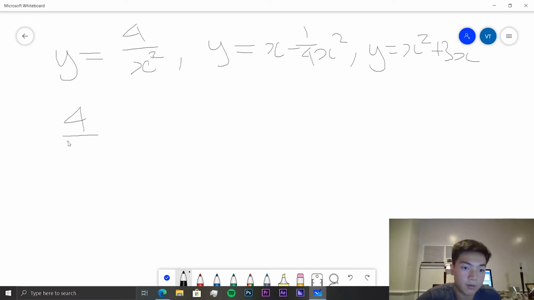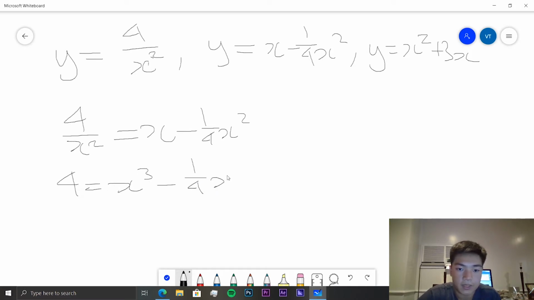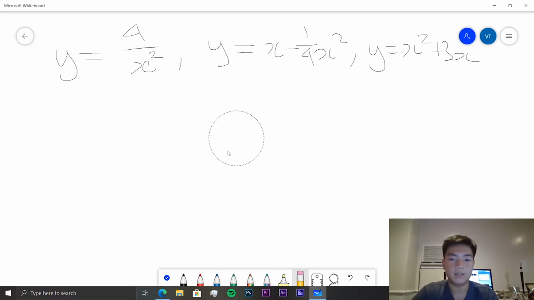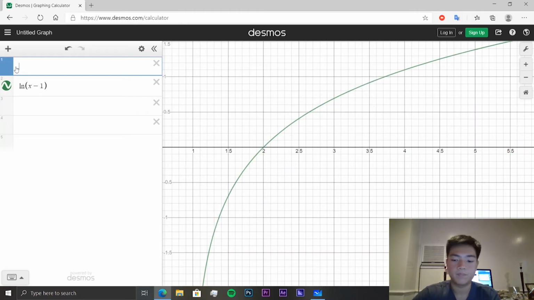So first, 4 over x squared is equal to x minus 1/4 x squared. So 4 is equal to x cubed minus 1/4 x to the 4. Or actually, are we allowed to graph these? I think we're allowed to graph these and then just integrate them later. So let's just graph it on Desmos.